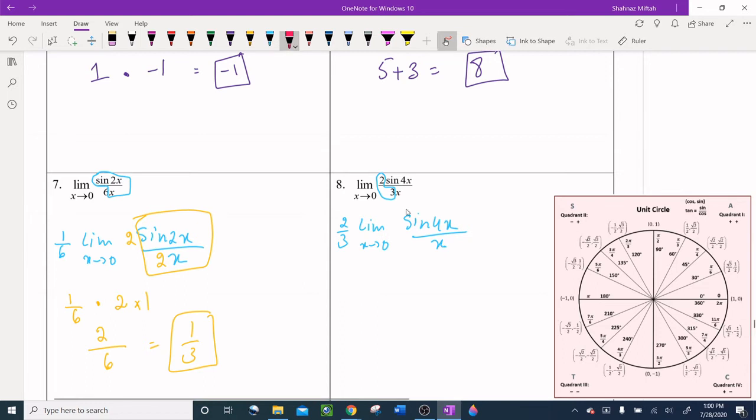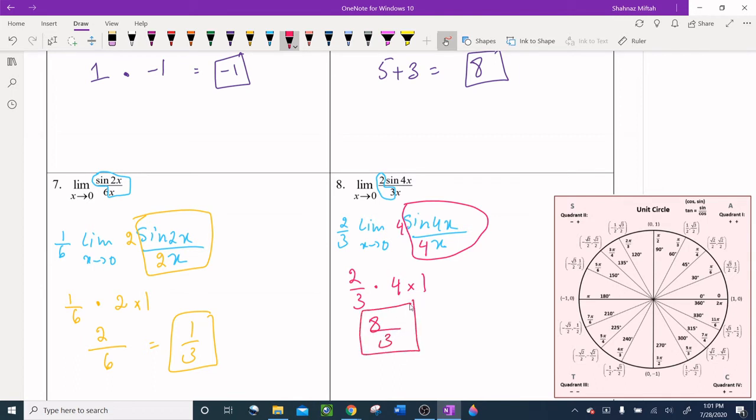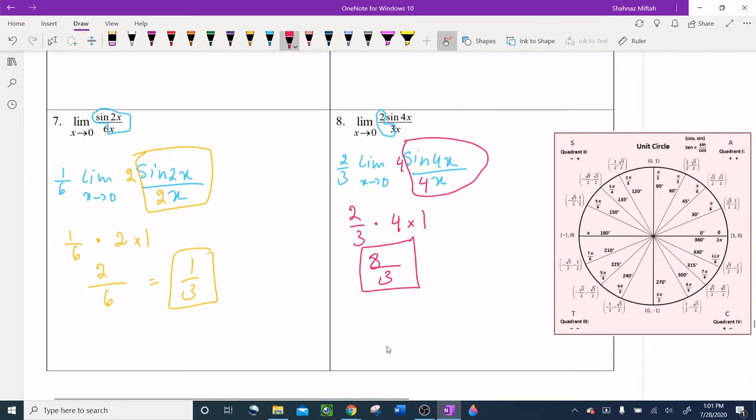Now I'm going to multiply 4 top and bottom. So this portion is equal to 1. So I got 2/3, this whole thing is times, that 4 is going to stay, and this whole thing is times 1. So 4 times 2 is 8, and 3 in the denominator, and we are good to go.